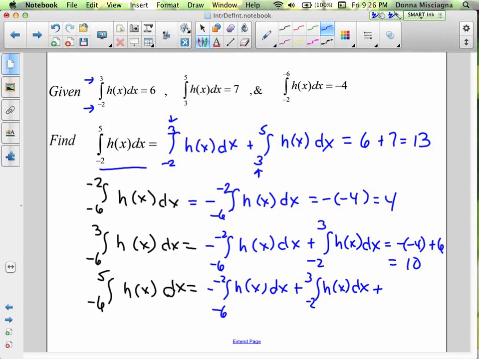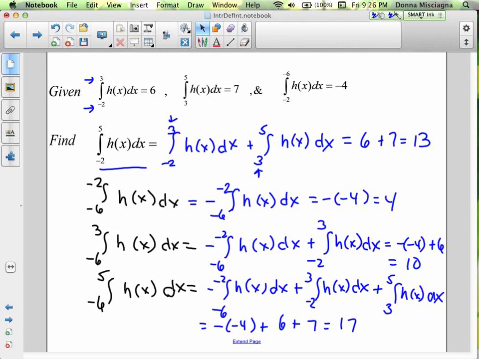And then finally, from 3 to 5, we have this one. So notice each one begins where the previous one leaves off. And so now we can just combine these answers. So we have the opposite of -4 plus 6 plus 7, and that's going to give us 17 as our answer. Right? So that's the last one we're going to look at today.